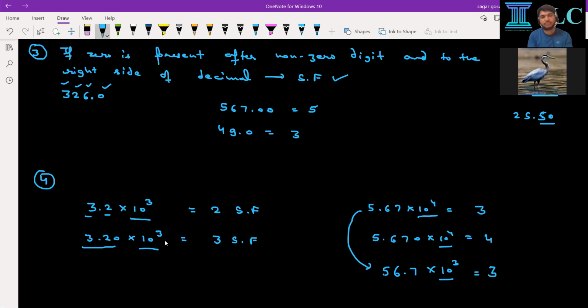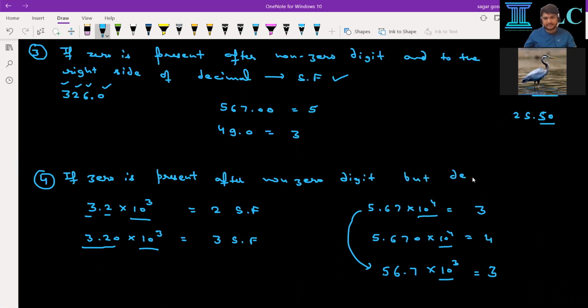So it may or may not be significant. In this case, it's a little flexible. If zero is present after a non-zero digit but the decimal is absent, then this zero may or may not be significant.